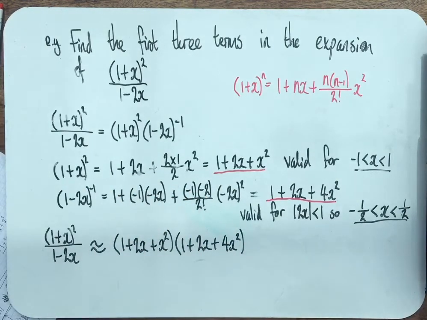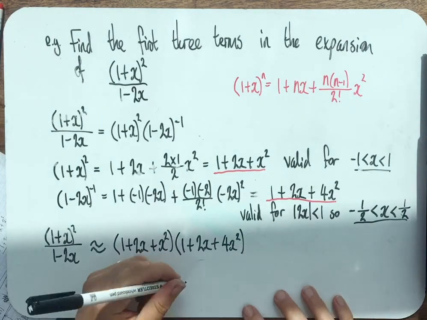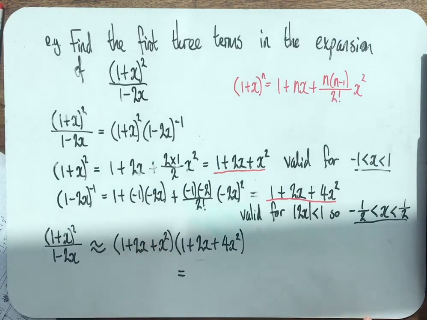So the first three terms of this, I'm only interested in the number, the x, and the x squared terms. Anything beyond that is going to be pretty meaningless because it'll be part of the next term along. So I'm expanding, but I'm going to ignore anything beyond x squared.